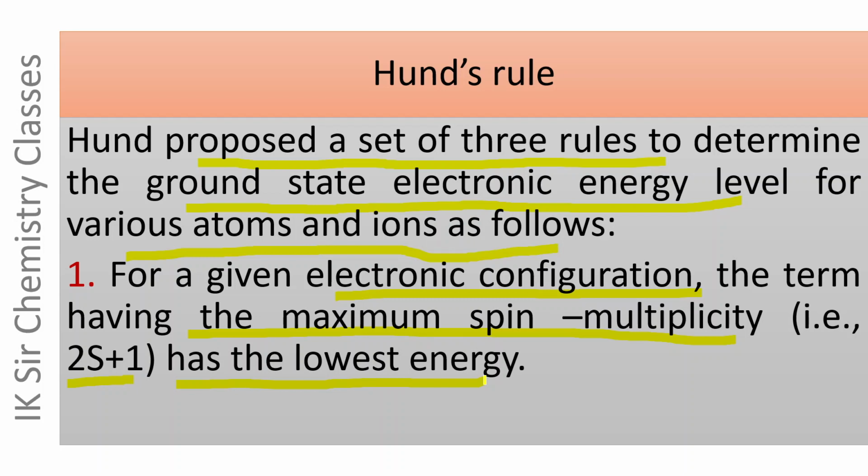If various electronic arrangements are written for a given electronic configuration of an atom or ion, the term having maximum spin multiplicity has the lowest energy. This is due to exchange energy, which is a matter of much explanation, and it will be discussed in another video.